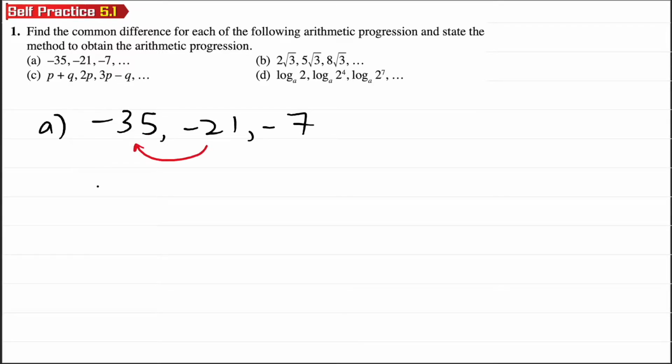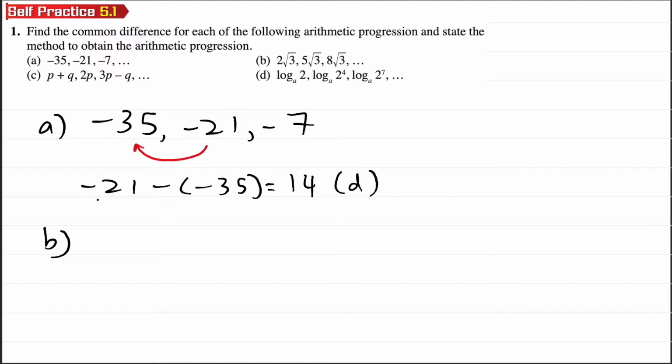So minus 21 minus minus 35, you will get the answer. Negative 21 plus 35 kan. So kamu akan dapat 14. So this is the D, the common difference.